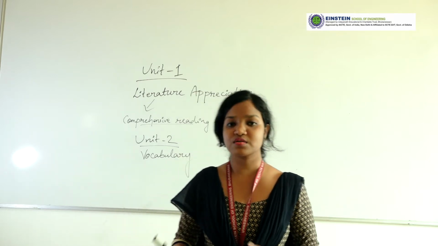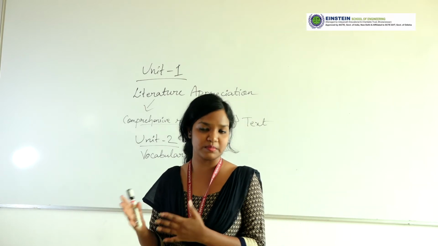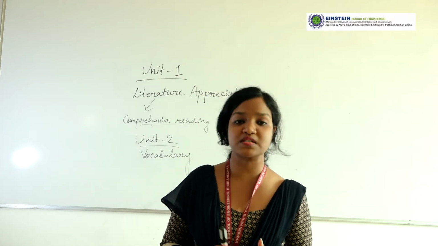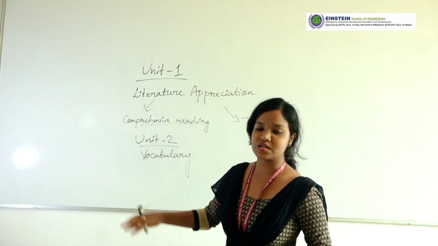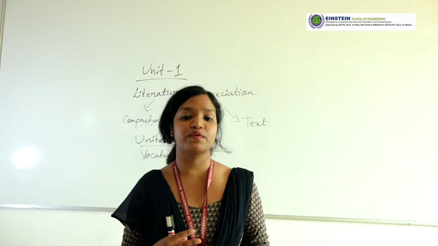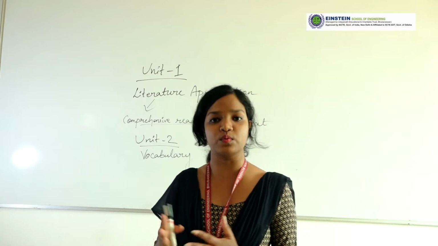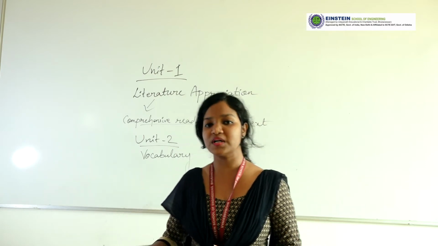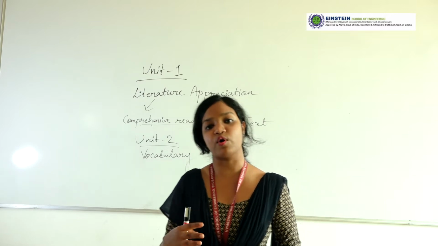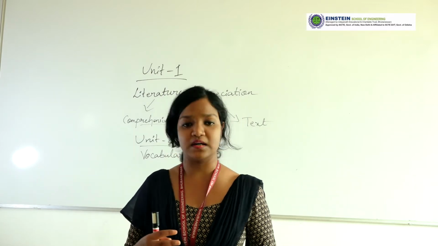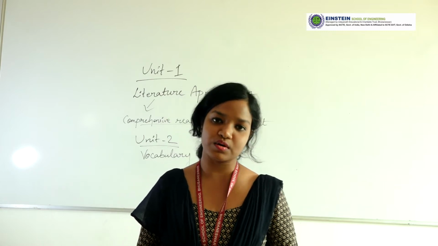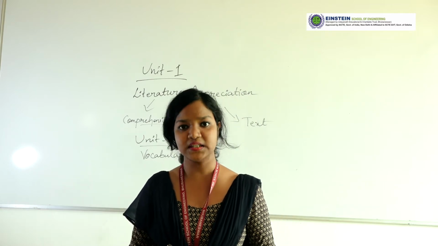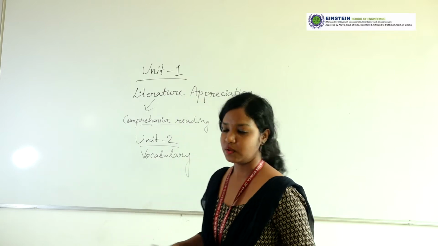So synonym is equal to similar meaning and antonym is equal to opposite meaning. This unit focuses on developing the students' vocabulary by using similar words and opposite words, so that their vocabulary improves, and they can use the concepts while reading and writing their own works.